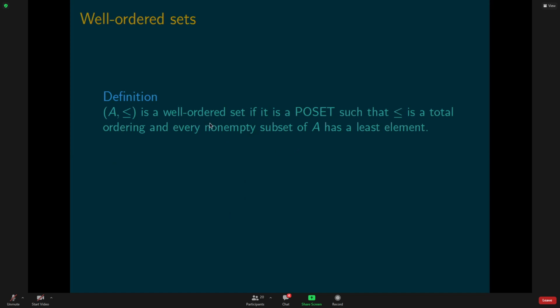The set is called well-ordered if it is a poset that has a total order and every non-empty subset has a least element, the smallest element.